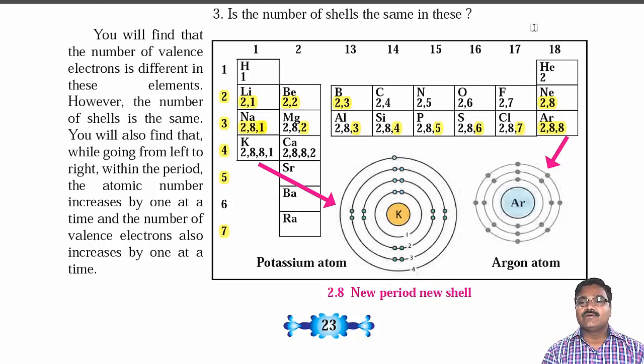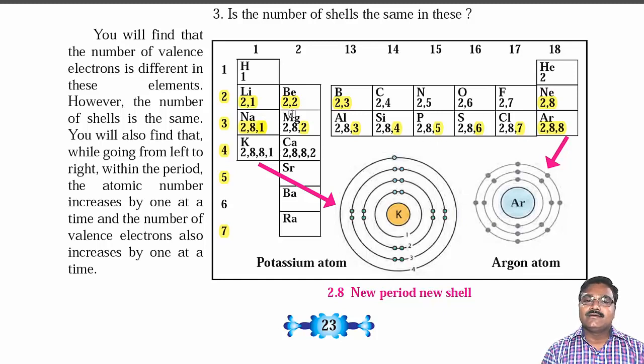Therefore, this element is known as an inert gas, inert element or noble element. They do not take part in chemical reactions and therefore they have valency 0, as they do not donate or receive any electron.